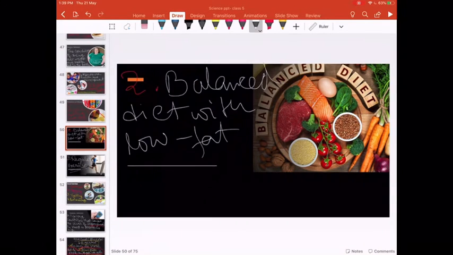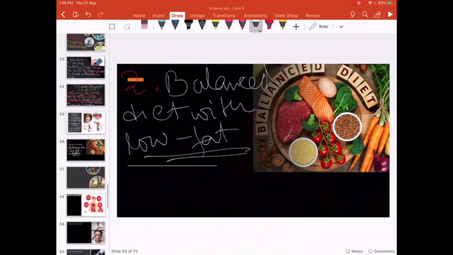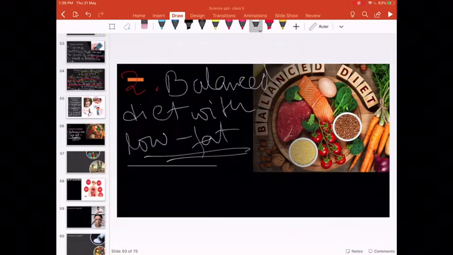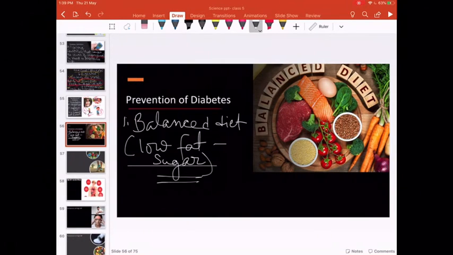In diabetes also you see a balanced diet with low fat. So repeatedly they are asking us to eat a balanced diet with low fat and sugar.